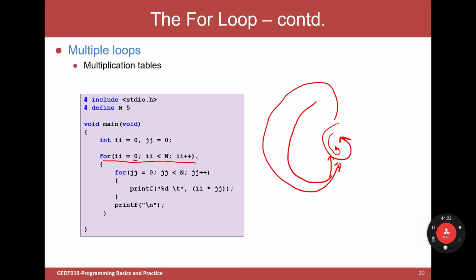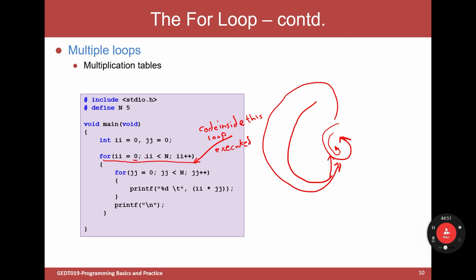So let me write down here: the code inside this loop, this loop is executed how many times? I know how many times. Why? From i equals 0 to i less than n, from 0 to 4.